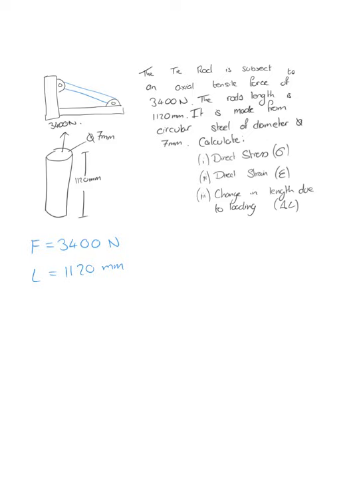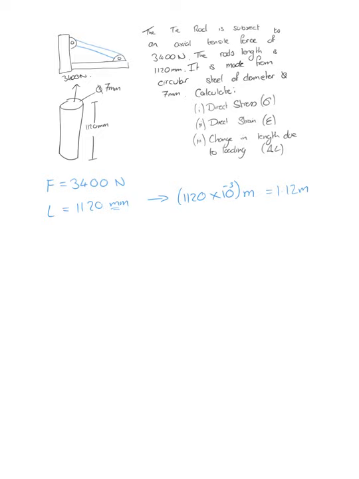Now remember, we're engineers, we don't like that milli in front of our meter, so we convert it. Remember, milli means by 10 to the minus 3 meters. So our length in meters is 1,120 by 10 to the minus 3. If you plug that into your calculator, you're going to see that it works out as being 1.12 meters.